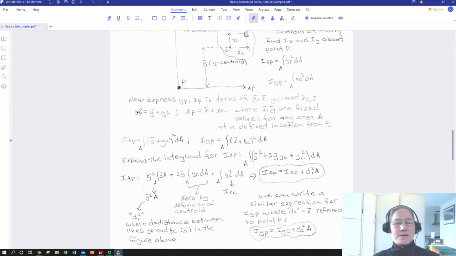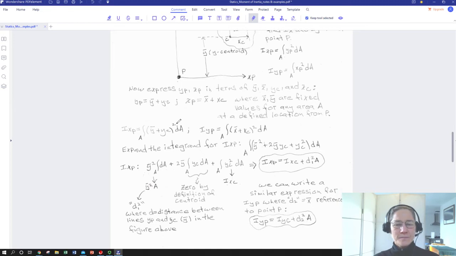So distance of our area from p in the y direction is y centroid location plus y sub c. Distance of our differential area from p in the x direction is x centroid plus x sub c. So just a sum. And we would have another corresponding distance in z sub p if we were looking at that.